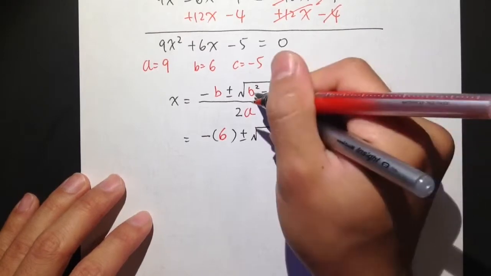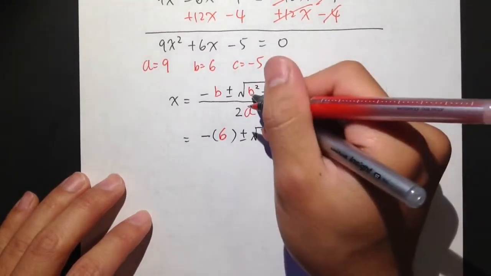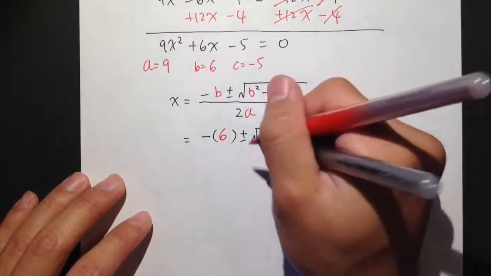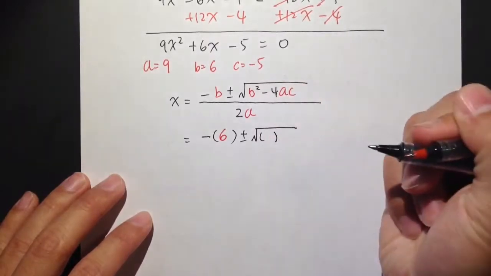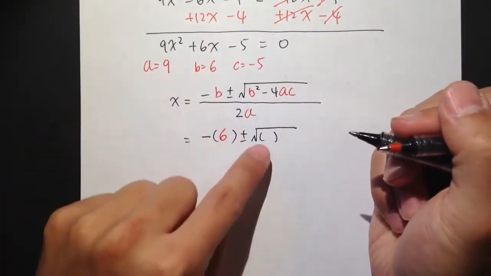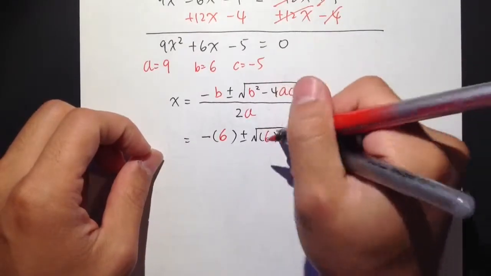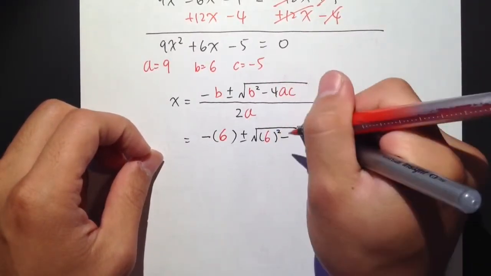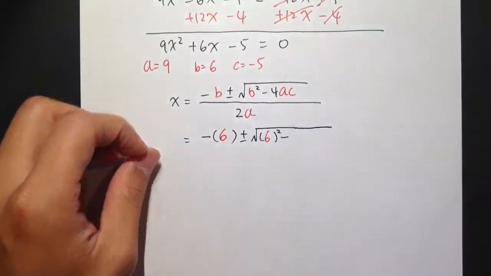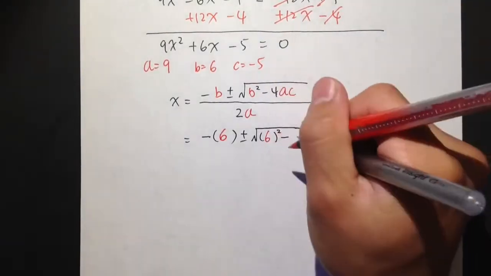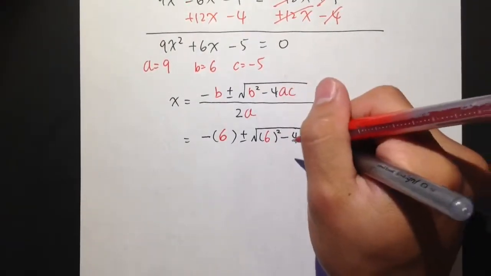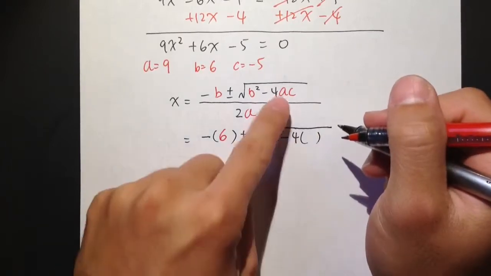square root of, again, just as a habit, whenever you see a variable, open the parentheses first, plugging the value into that parentheses, which is 6 again. So 6 squared minus, I need to make the square root longer, minus 4, and then see the a, open the parentheses, a is equal to 9.